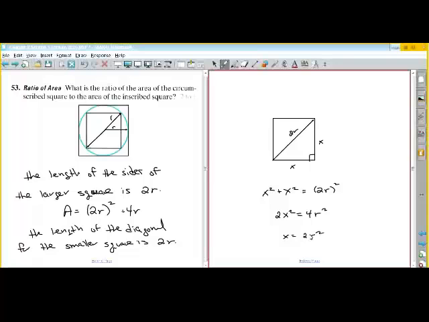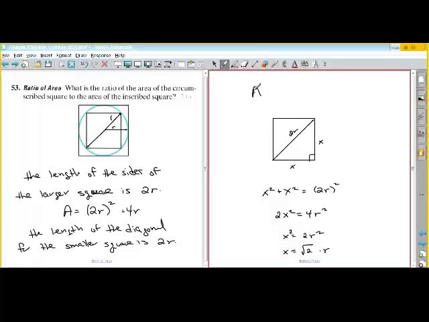So we'll divide both sides by 2, so x squared is equal to 2r squared. Take the square root, and you get x is equal to the square root of 2 times r. You take the square root of each term in the product. So the square root of 2 is the square root of 2, and the square root of r squared is r.